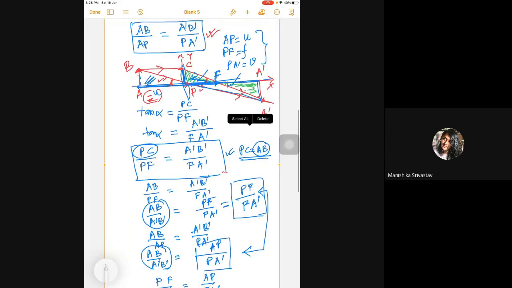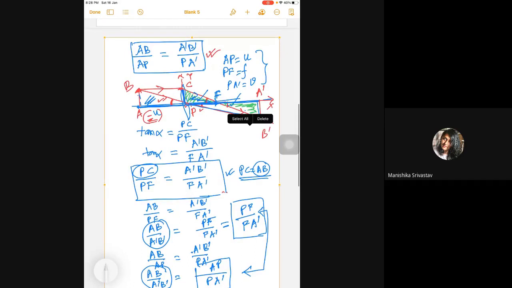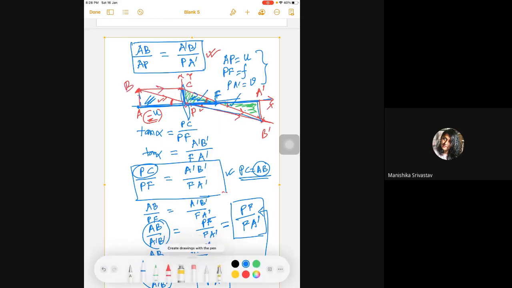So what I am doing, see, PC is replaced by AB. This one is PC, and it is replaced by AB.